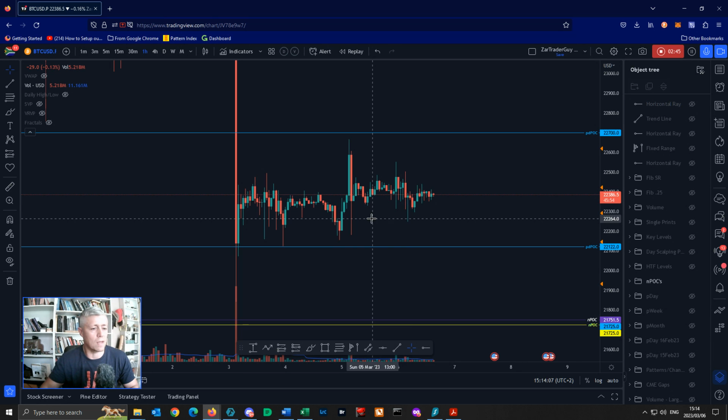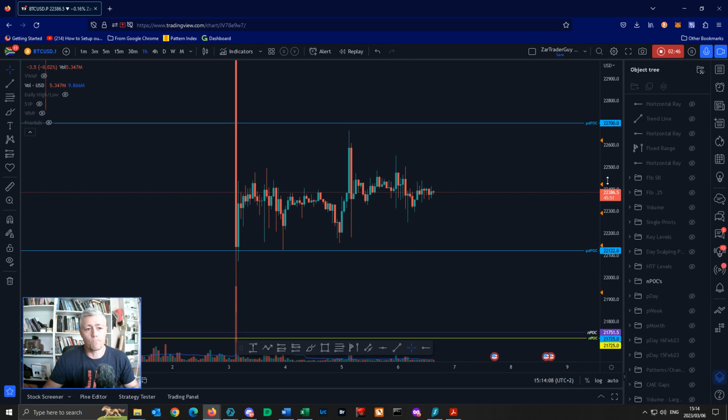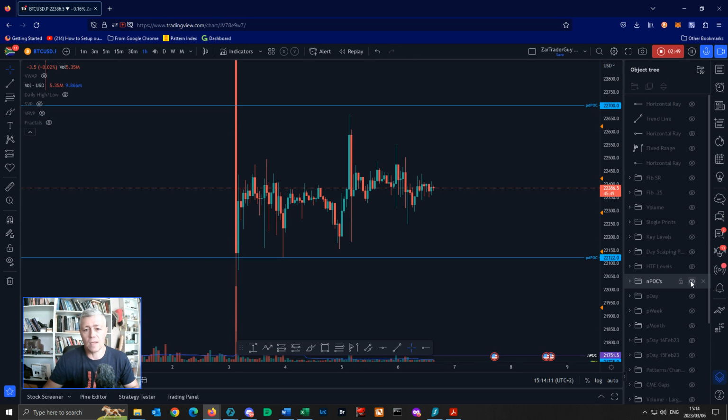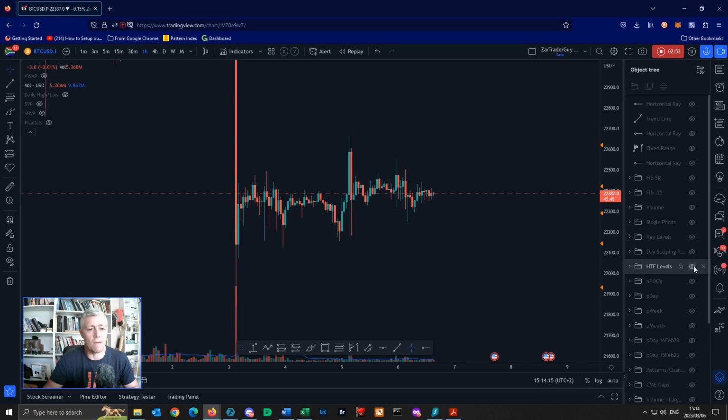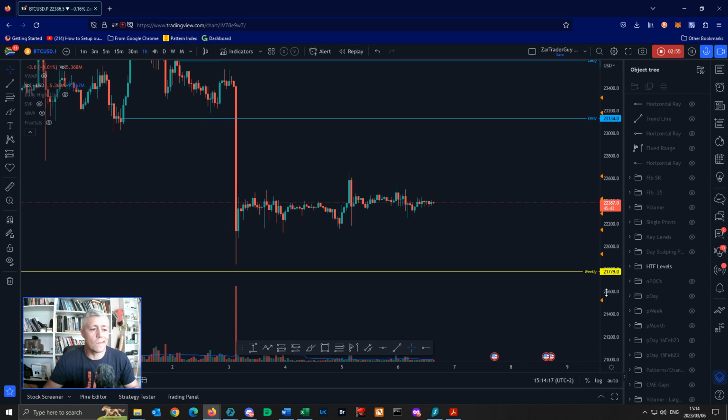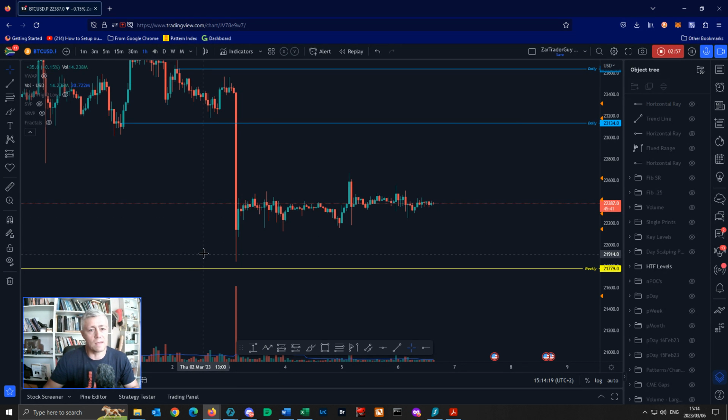But let's continue with the TA. So right now we're in a very, very tight range, as I was saying. And if we turn on our high time frame levels, the swing trade that I'm looking at is in this $21,700 area. So if you're not a scalp trader, look for this low to be taken out, possibly a swing failure pattern below this low.